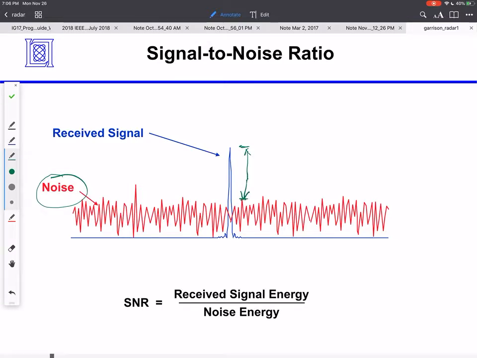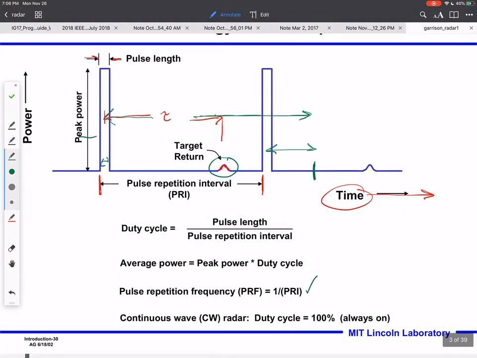Okay, so we get the idea, and next class I'm going to try to quantify that. But you get the idea that this is very similar to when we were looking at detecting the bits, right? We looked at energy per bit as our ability to detect the bit. So there's going to be two things we can look at. One is the length of time of this pulse. If I have a longer pulse, I can look at the signal for a longer period of time and determine whether I've seen a return or whether I'm just seeing noise.